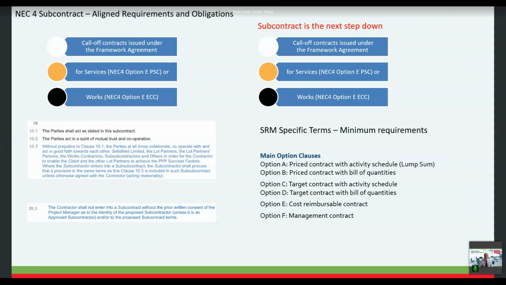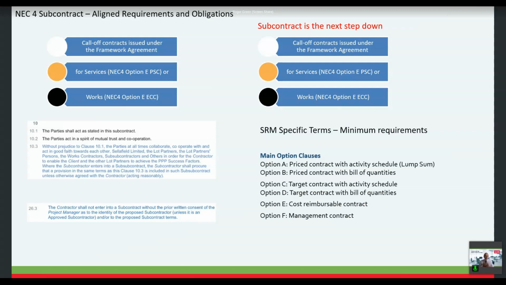The other area that I'd like to identify is this clause 26, and hopefully you can see it on your screens. It is a bit small, but the contractor, so this is also under the KDP, shall not enter into a subcontract without prior written consent of the project manager as to the identity of the proposed subcontractor, unless it is an approved subcontractor and/or proposed subcontract terms.